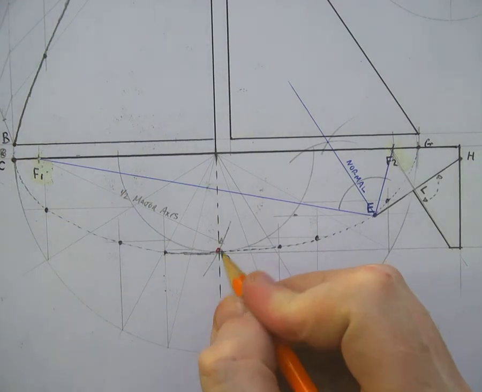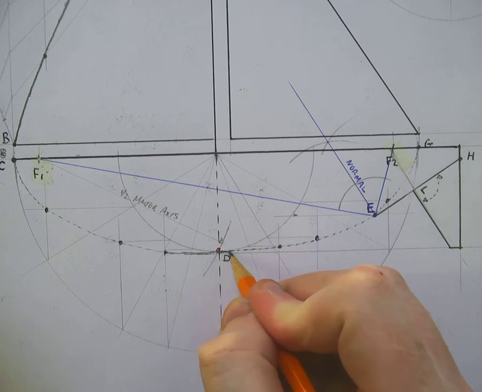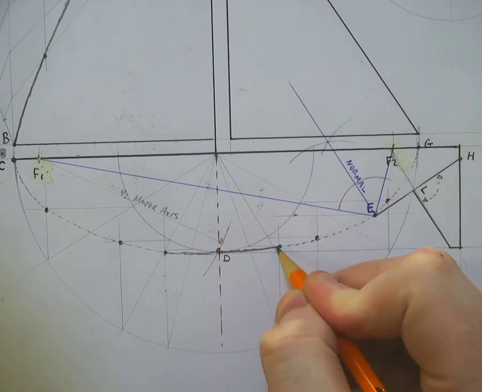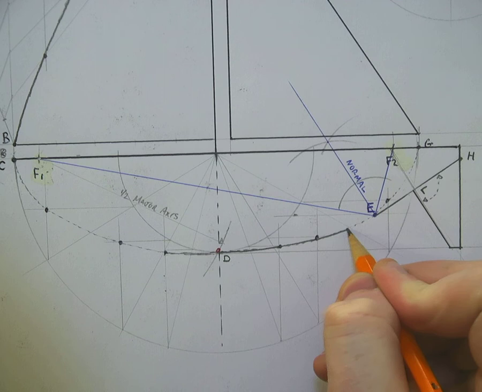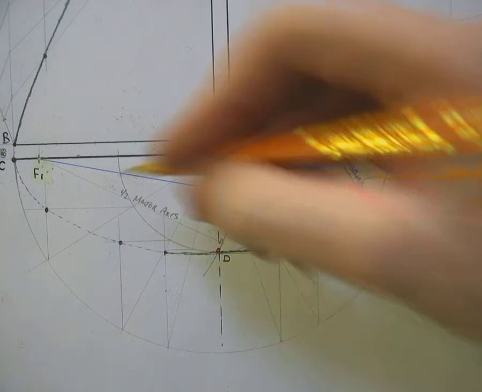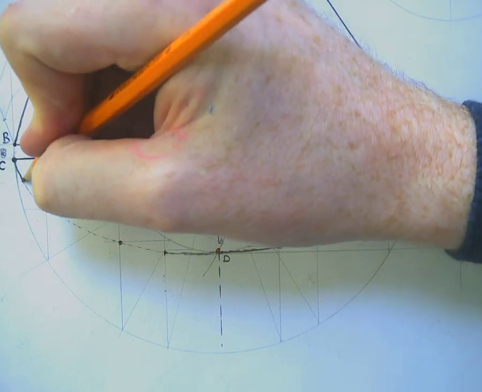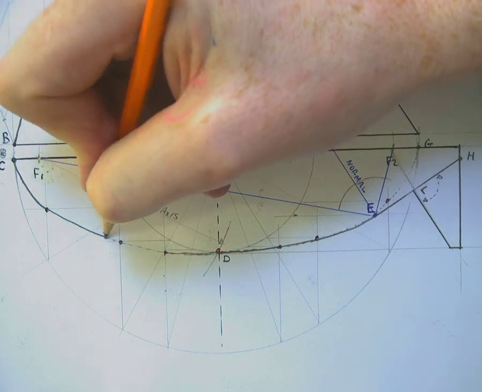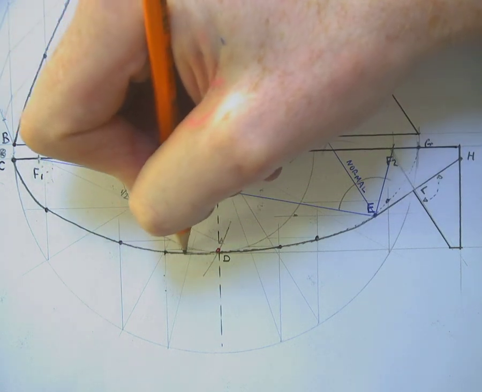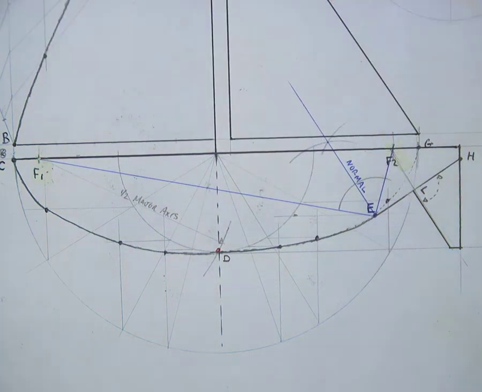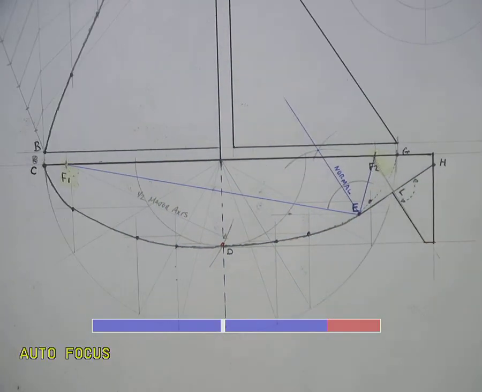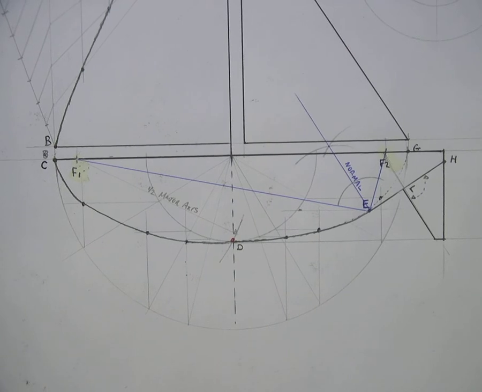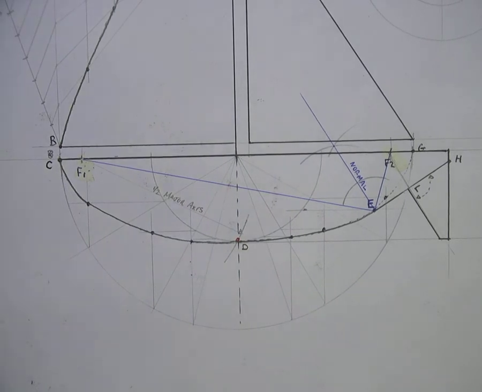So I'm in a position now where I'm going to just heavy in this bottom ellipse here then. So that is that. The very last part then is the curve LM.